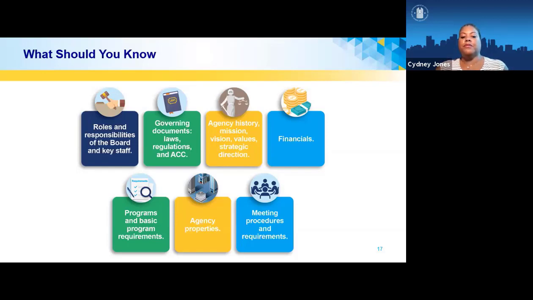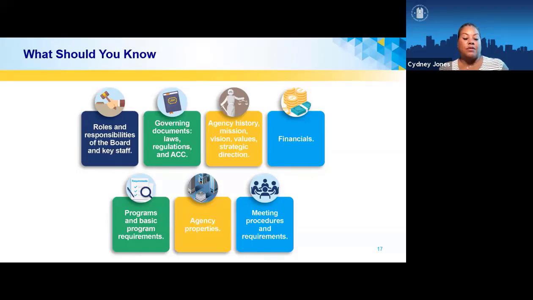Also, board members should be familiar with the policies, the admin plan, and the ACOP, which is the admissions and continued occupancy plan, those policy documents that are attachments to the 5-year plan. Also, you really want to know the agency records and documents.